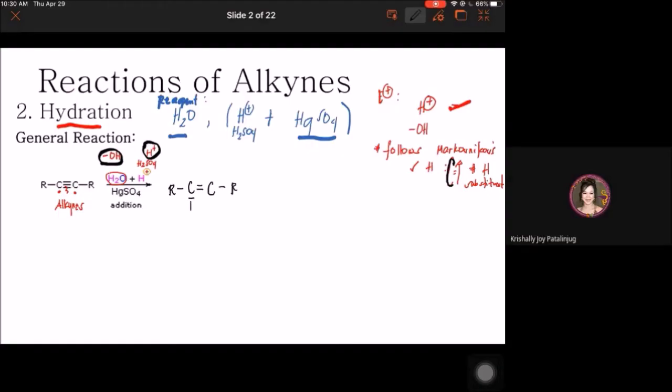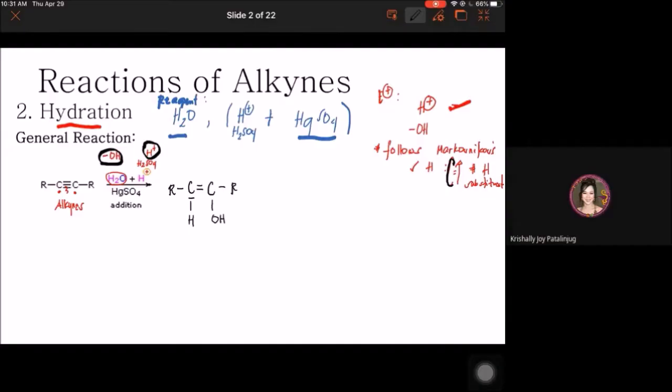This is where the hydrogen will be added, and for the carbon with fewer hydrogen substituents, this is where OH will be added. So this would be the initial, or intermediate, product during hydration of alkynes. This is not yet the final product.